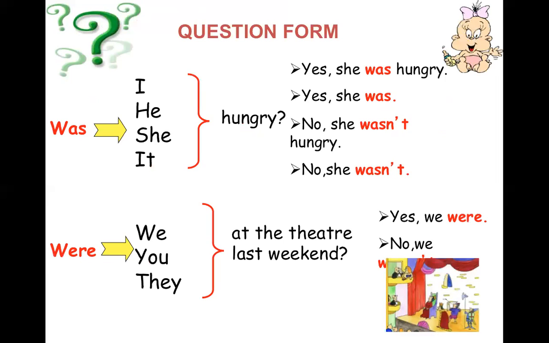Okay, look at the structure. In a question you use first the verb to be in past, then the person, and then the complement. And the answer is: yes, she was hungry. Yes, she was. Or you can say, no, she wasn't hungry.